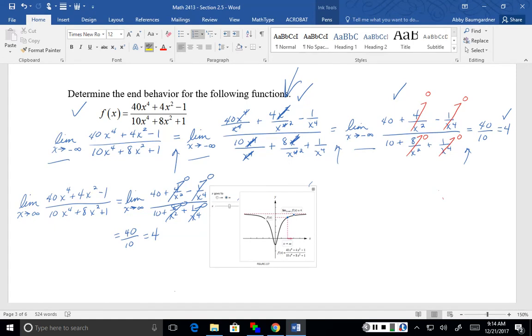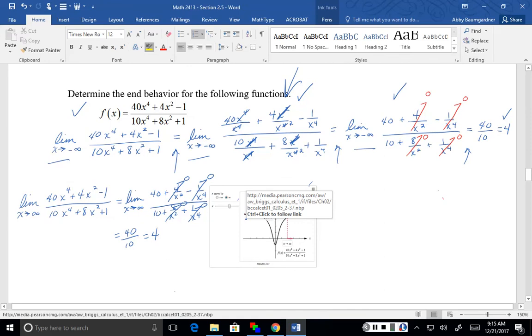Remember that for horizontal asymptotes, your graph, at least locally, and this graph doesn't do it, but for horizontal asymptotes, you actually can cross the horizontal asymptote. In fact, you can cross it several times, but at the edges of the graph, it should settle down and approach the value of the horizontal asymptote.